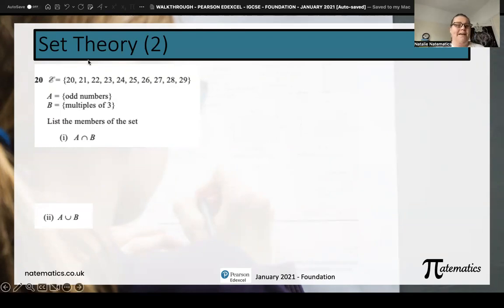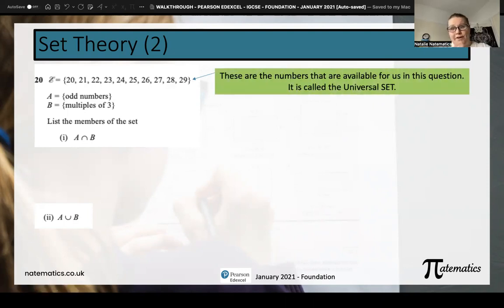At the top here, we've been given some squiggly bracket, okay? And then we've been given a set of numbers. What are those numbers? That's what we call the universal set. That's the jargon, the technical word. Basically, it means those are the numbers that are available to you for this question.